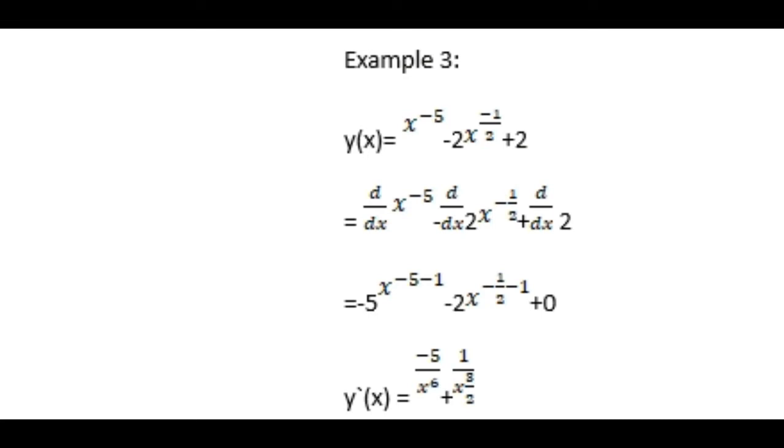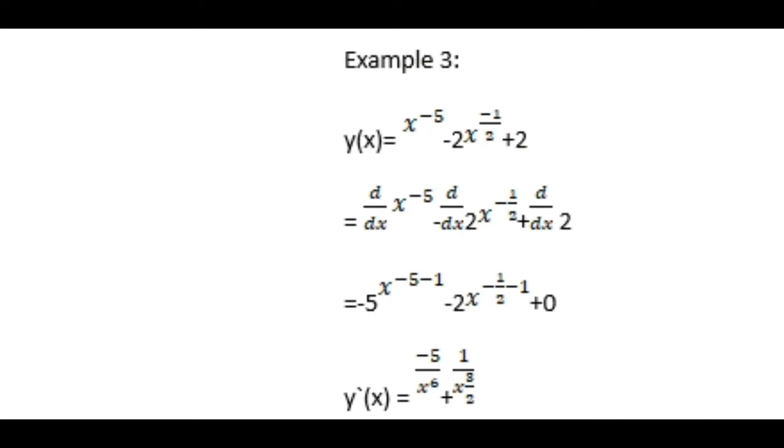And the next step is we distribute the derivative of each term. y prime of x equals d over dx of x raised to the power of negative 5 minus d over dx of 2x raised to the power of negative 1/2 plus d over dx of 2.